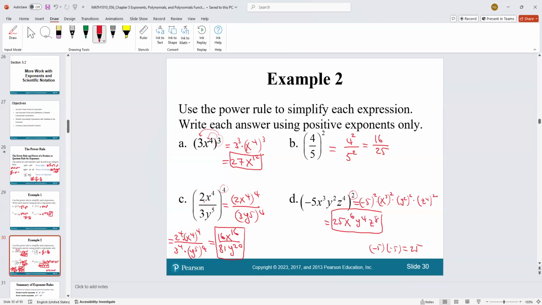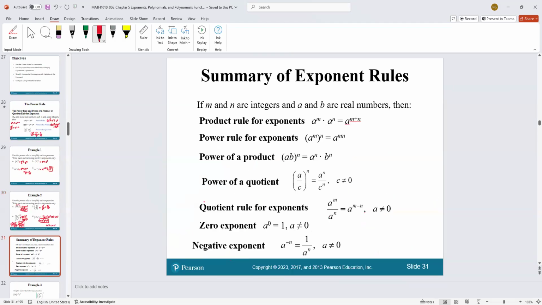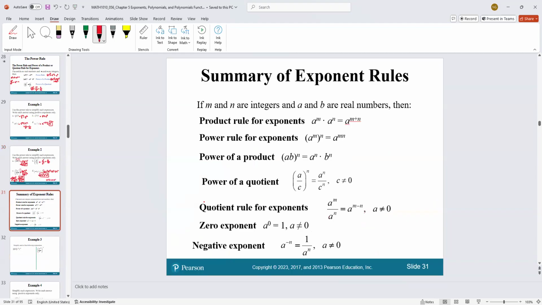Now, how we can use exponent rules and definitions to simplify exponential expressions. We have a variety of rules that we already covered so far. Product rule, when we have the same base, we add the exponent. Power rule, power of a power, we multiply the exponent.